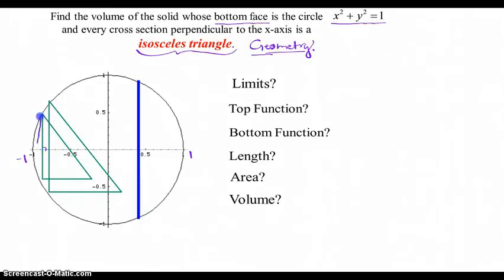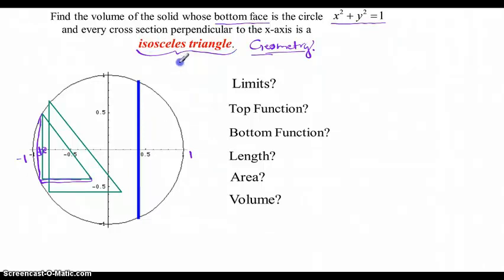These are thicknesses, so these are actual prisms, and we're adding up infinitely many of those in our definite integrals. So our thicknesses here are with respect to x, and that's where the volume comes in. So you have to know what isosceles triangle means.